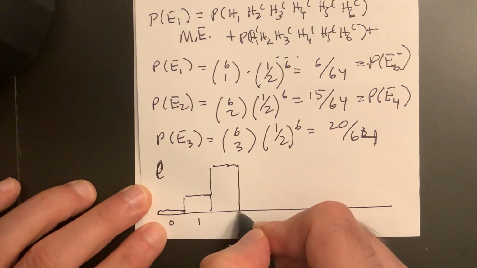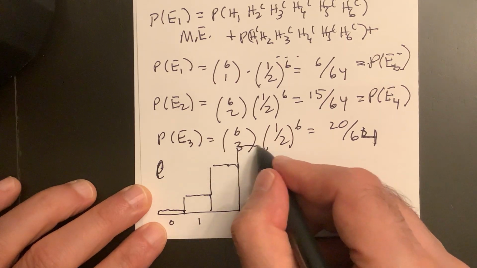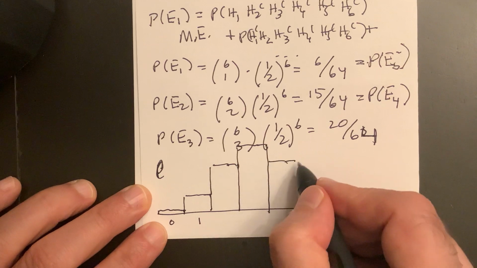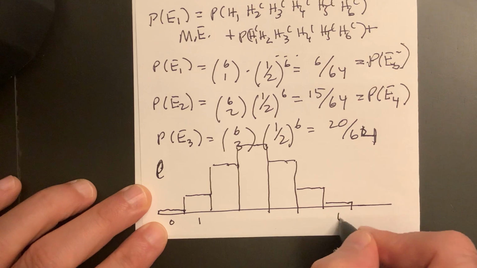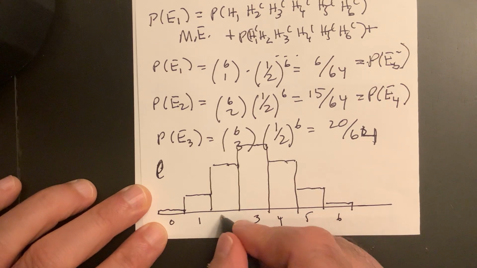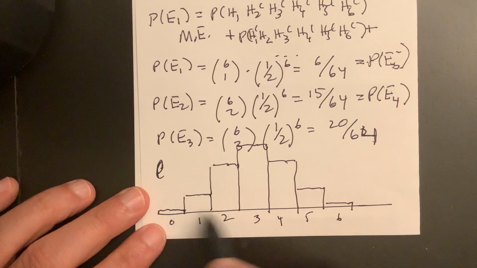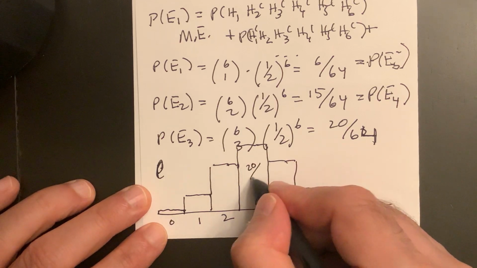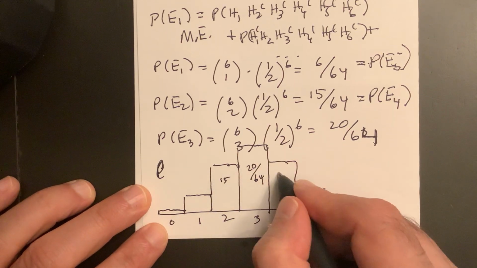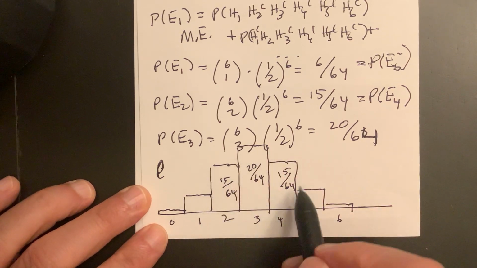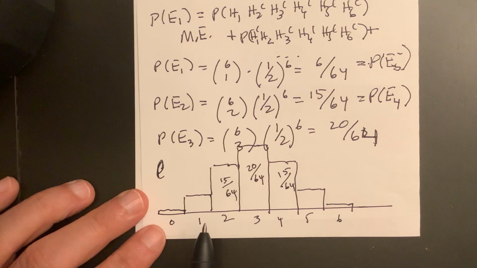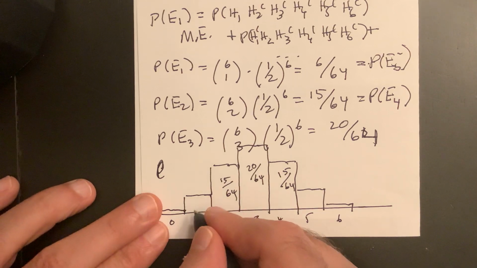I don't know if this looks right, but okay, so if I took these and added these up, this is 20 over 64. So just these three, right? If I say, what's the probability you have between 2 and 4 inclusive heads? You would say 50 over 64. That's quite a bit, right?